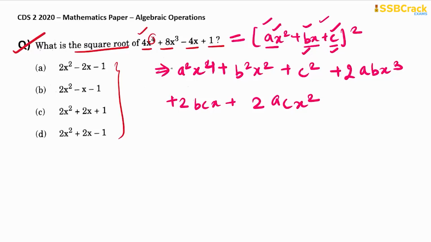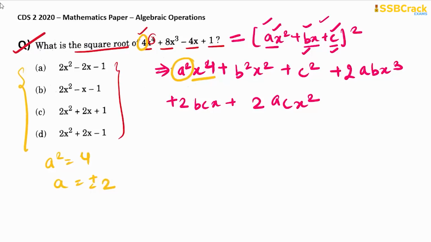Okay. Now we can easily compare the coefficients of both the equations on the left hand side and the right hand side. So here the coefficient of x to the power 4 is a square, and here it is 4. So we get a square is equal to 4, which implies a is equal to plus minus 2. But we can see in the options that a is 2 for all the cases. Okay.